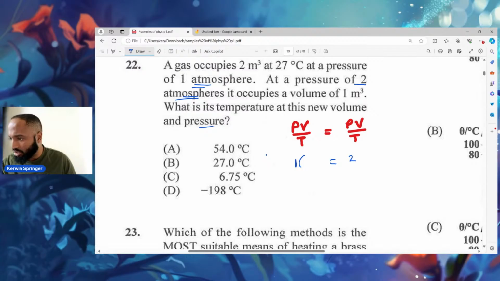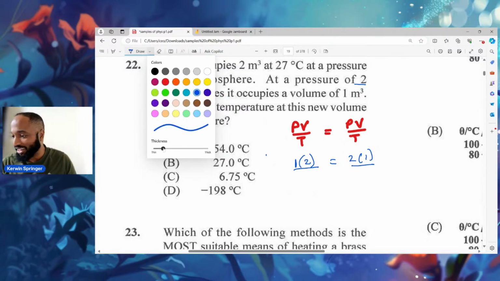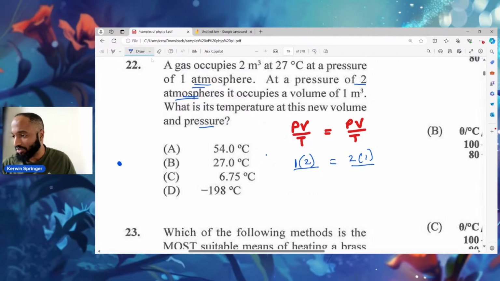So the gas occupies 2 meters at the pressure of 2 is 1. So this suggests that the temperature should remain the same. What kind of whack experiment is this, boy? How did they manage to pull this off? All right, so this suggests that the temperature should remain the same.